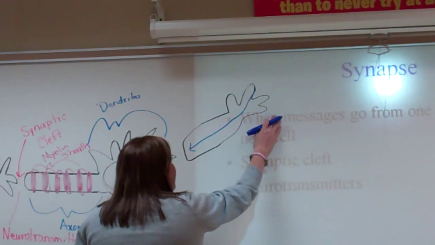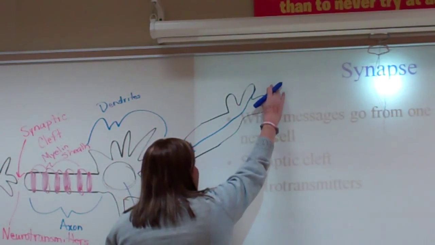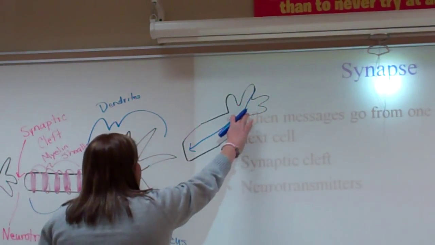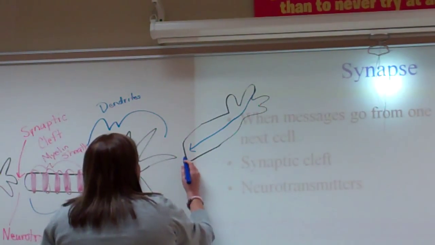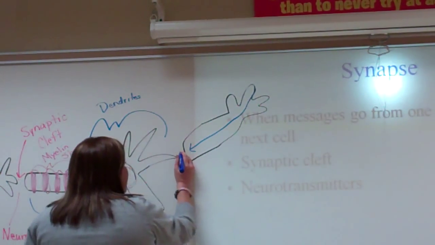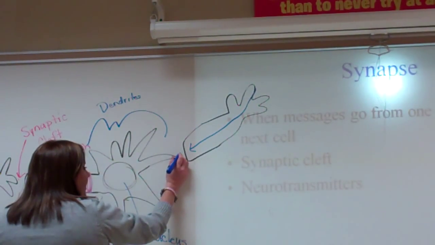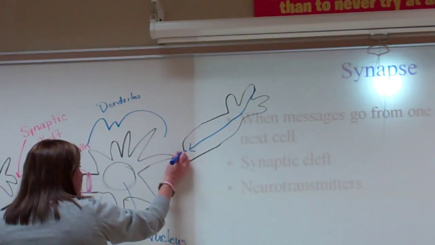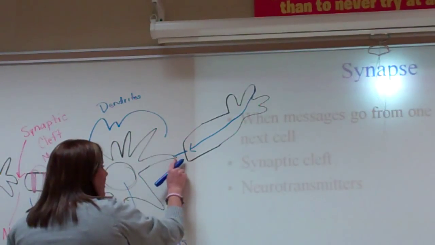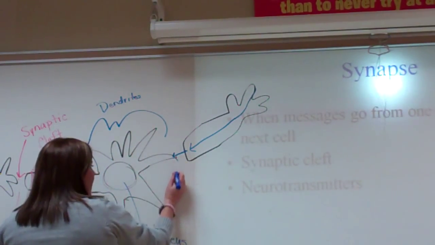It gets stimulated, the impulse travels down the axon, and goes across the synaptic cleft into another dendrite.